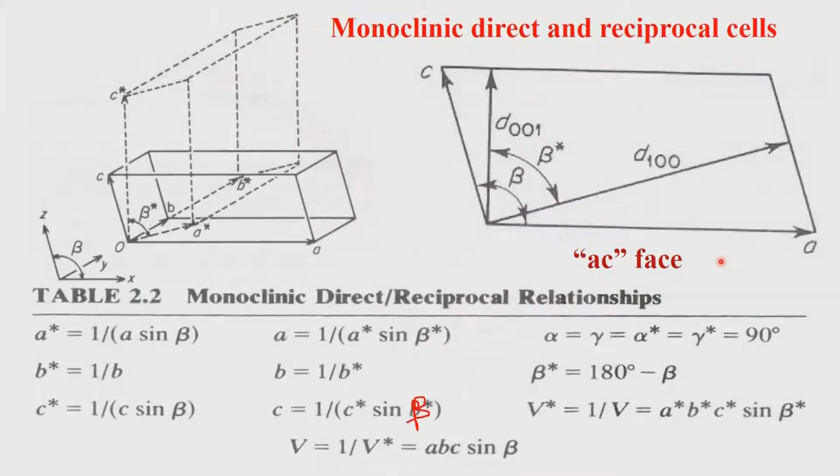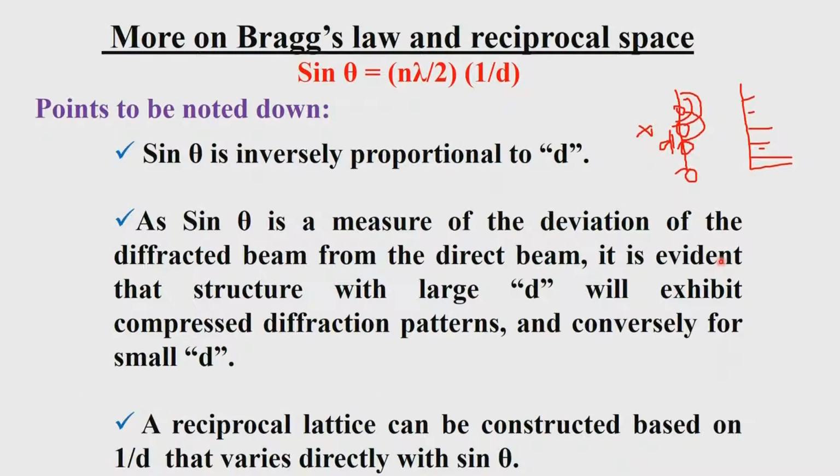So, let me recapitulate what we have done today. We started with the use of Bragg's law and the reciprocal lattice definition. We indicated that as we increase the distance between the planes, the distances between the reciprocal lattice points shrink, and vice versa.